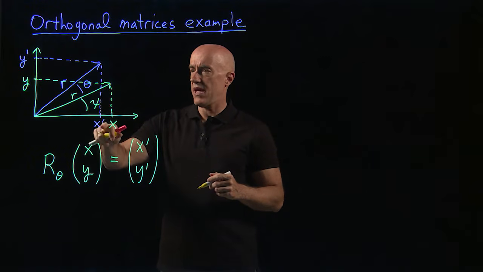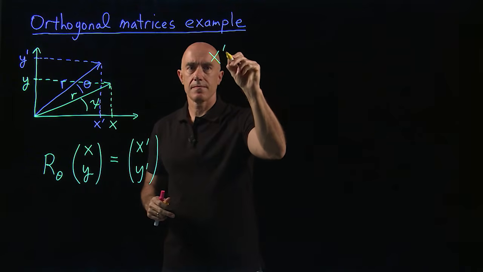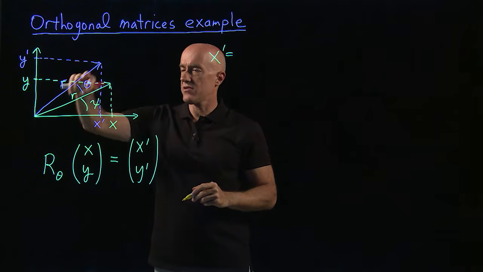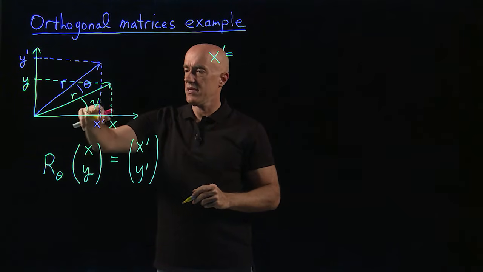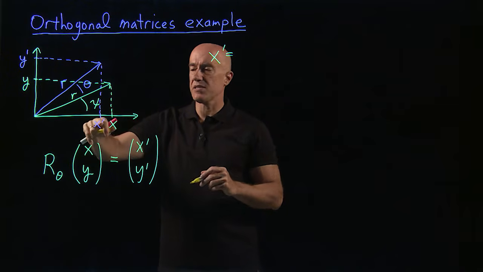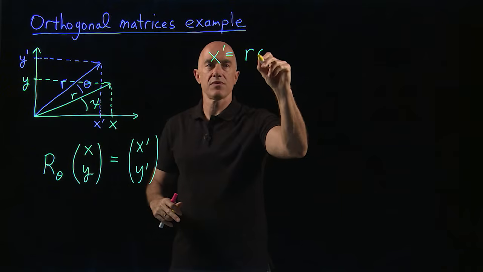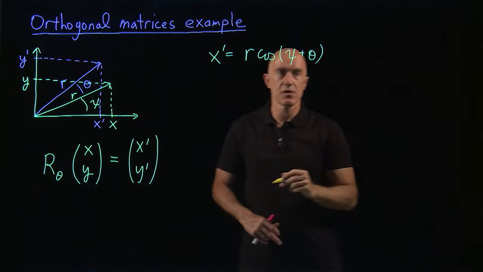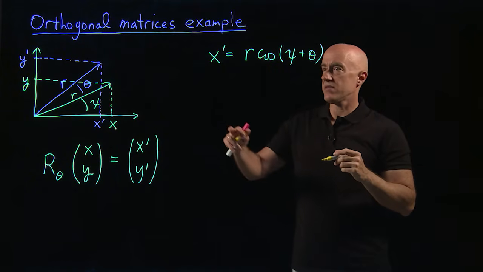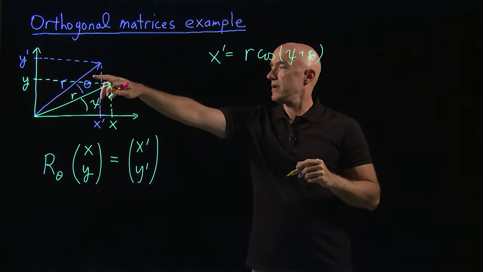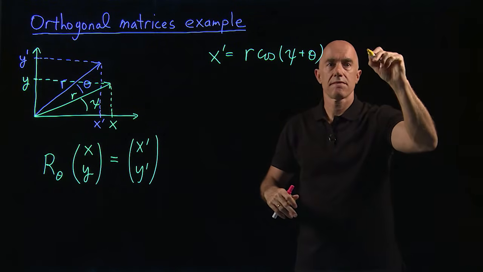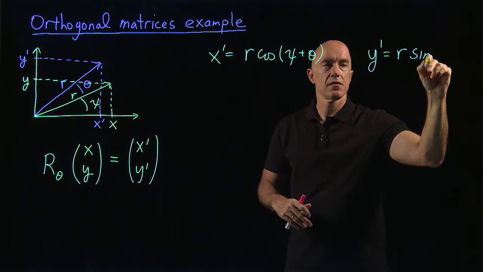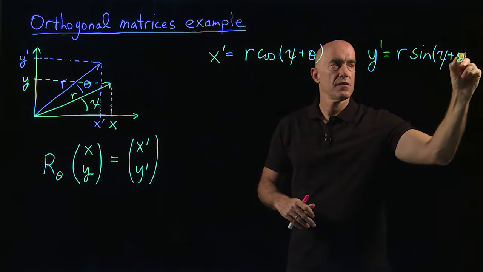If we want to compute x prime, then the angle that this rotated vector makes with the x-axis is psi plus theta. So x prime is going to be r times the cosine of psi plus theta. Similarly, if we want y prime, it is going to be r times the sine of psi plus theta.